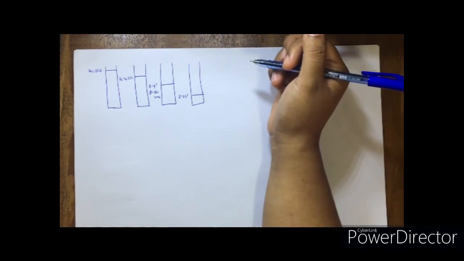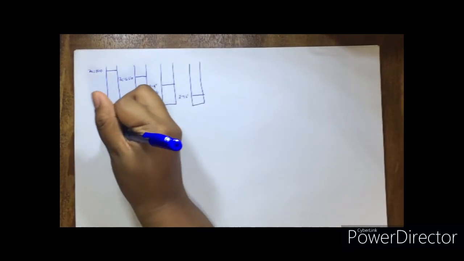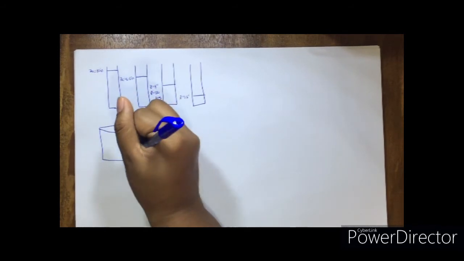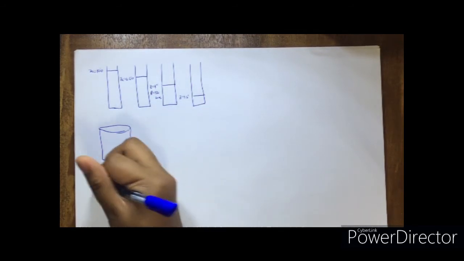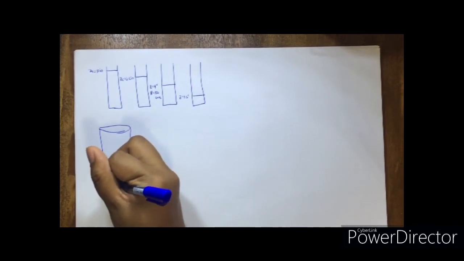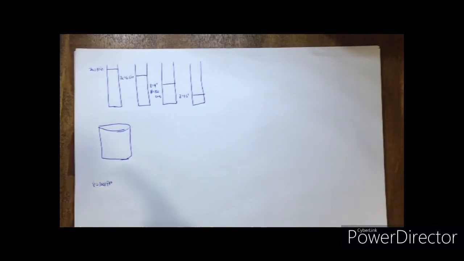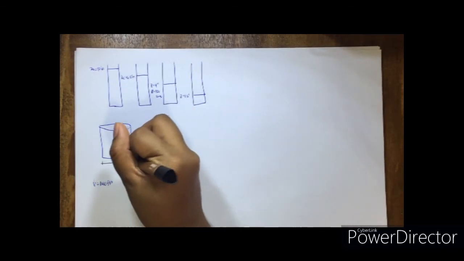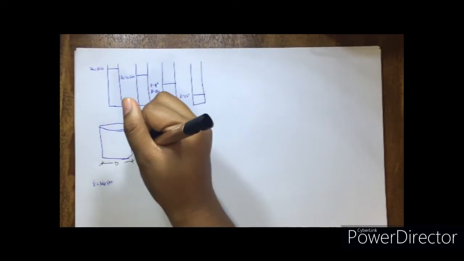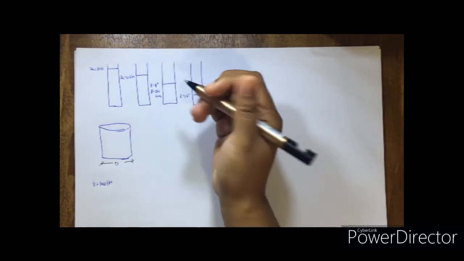So we need to know the time for the commercial tank. Let's have the illustration for our commercial tank. So using the same sludge, the volume of our tank is 1,000 cubic feet. And then the diameter of our tank is also equivalent to the height, to the depth of the liquid suspension.